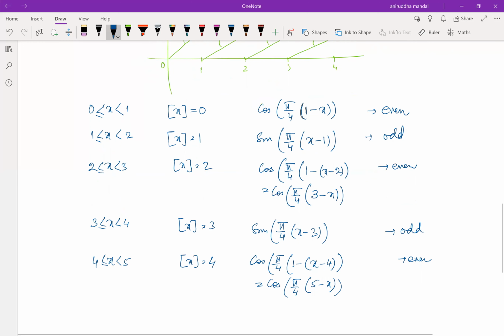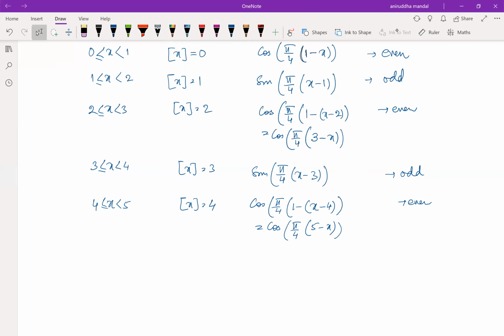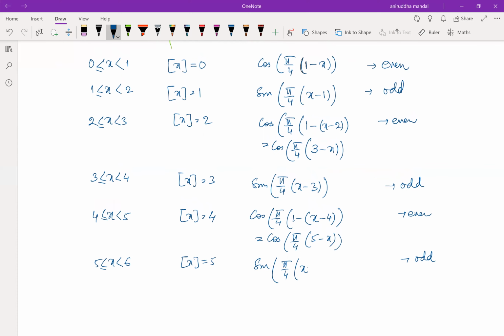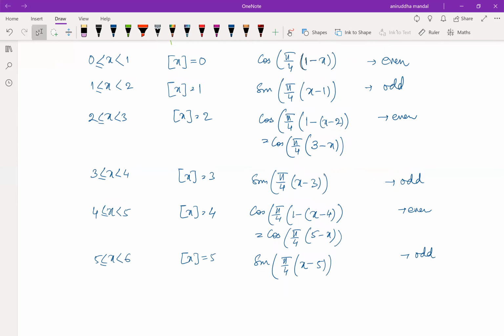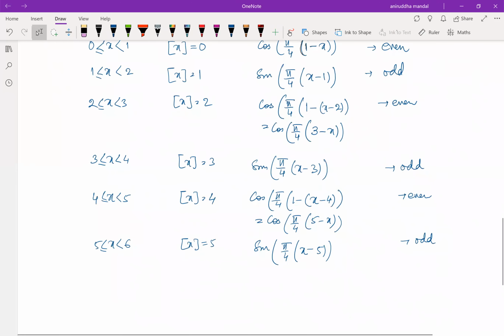Similarly, in between 5 and 6, the box function is 5, so 5 means odd, so sine(pi/4 (x minus 5)). So we have already figured out the function. Now it's time to plot it.